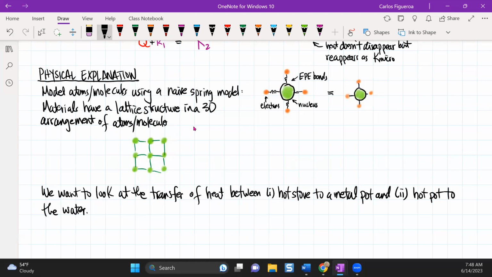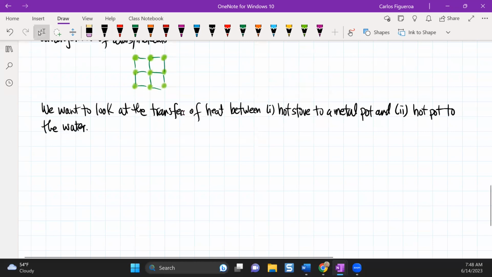So in other words, I want to heat up water. So if I want to heat up water, what am I actually looking at here? Well, I need some type of picture. So let's look at this.